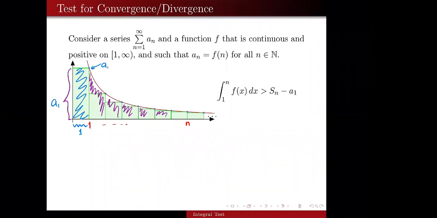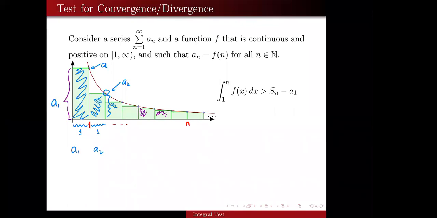So the area of the first rectangle here is actually A1. Now, if you look at the second rectangle here, this guy here, it's your A sub 2. And therefore, the height, this height here, it's A sub 2. And again, the width here is equal to 1. So the area for this guy here is equal to A2.